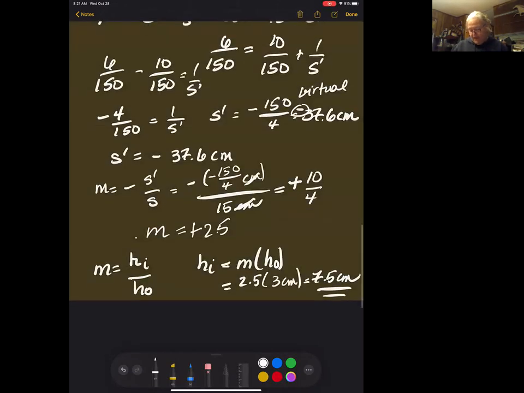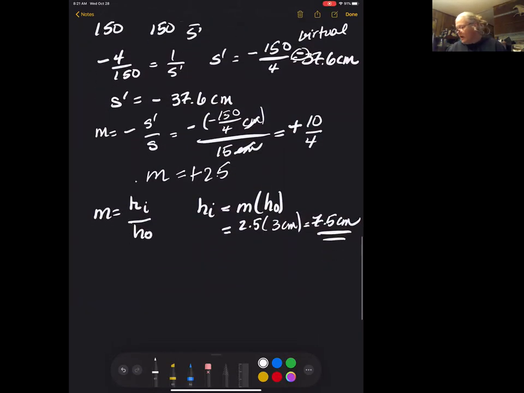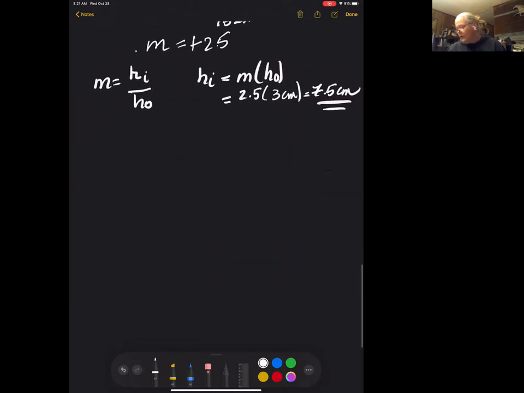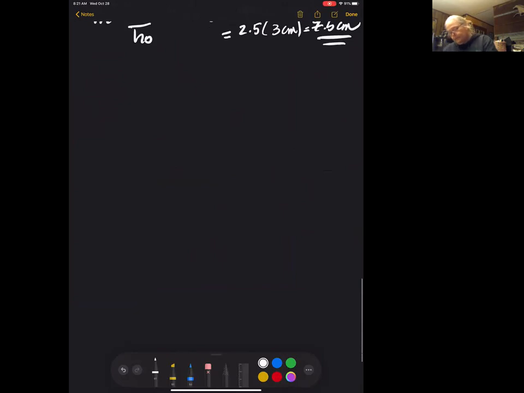Okay, so that was problem number 52. Let's do problem number 44. This one says I've got a 2 centimeter tall object and it's 40 centimeters in front of a converging mirror.